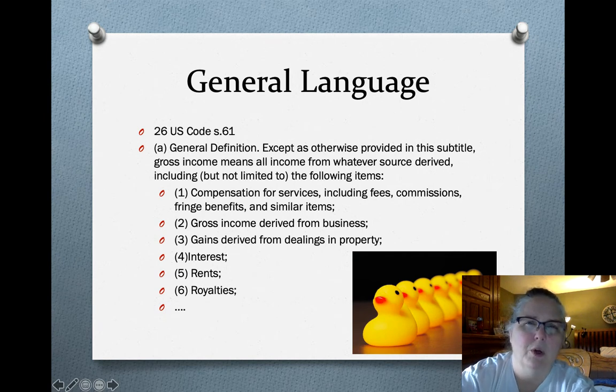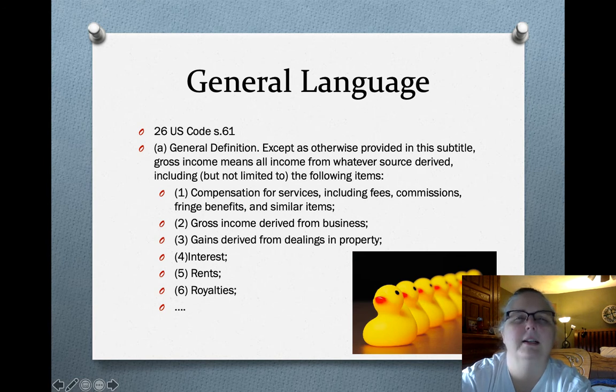First of all, the code uses a lot of general language, and I'm going to give you the example of code section 61. It's a general definition: "Except as otherwise provided in this subtitle, gross income means all income from whatever source derived, including but not limited to the following." That's considered a very general definition, and not just because subsection A says general definition.